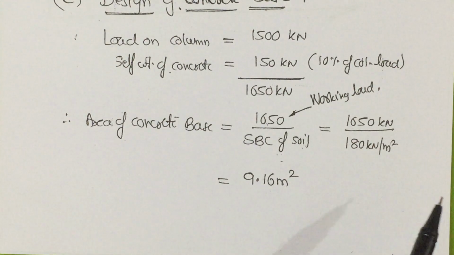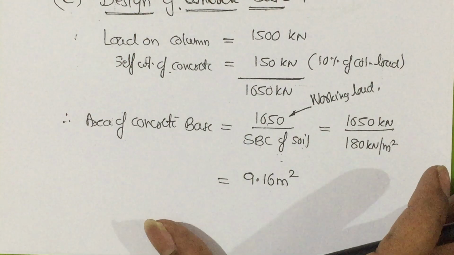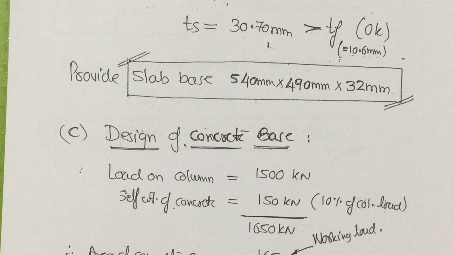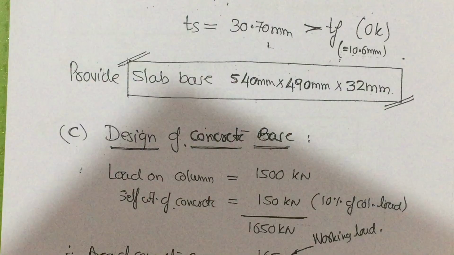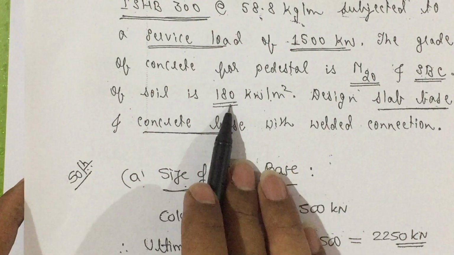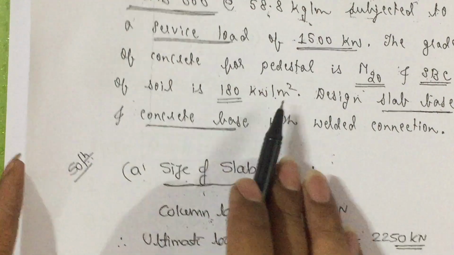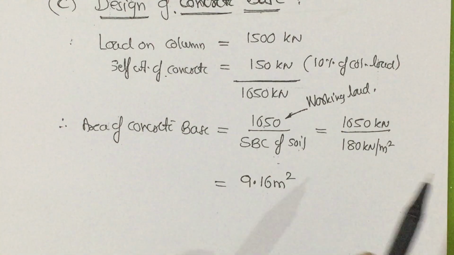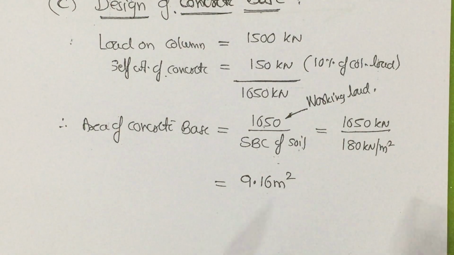So, substitute. One minute, SBC of the soil is given as 180 kilonewton per meter square. So, substitute the values, you are going to get 9.16 meter square.